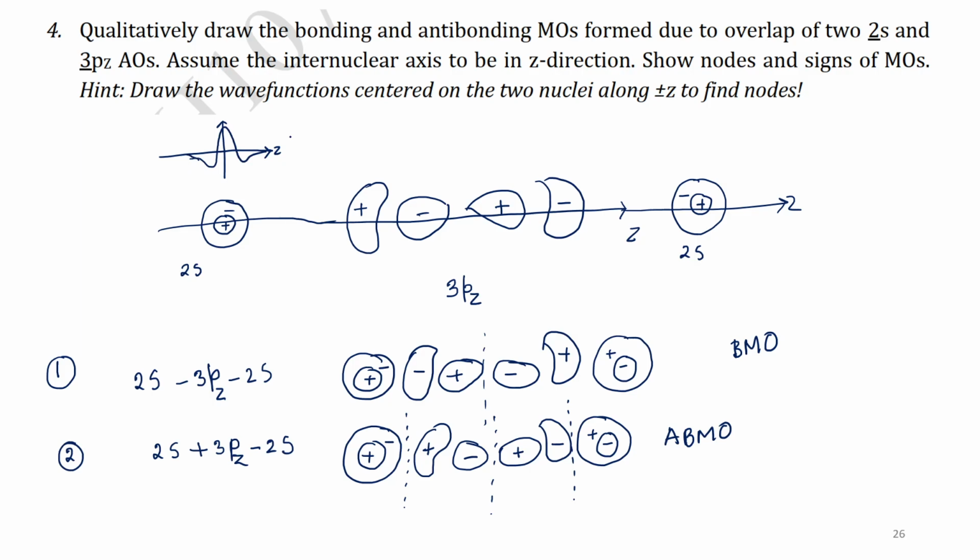Something like this, right? 2s. This is also the same. Maximum here, then there is a radial node, you can say.